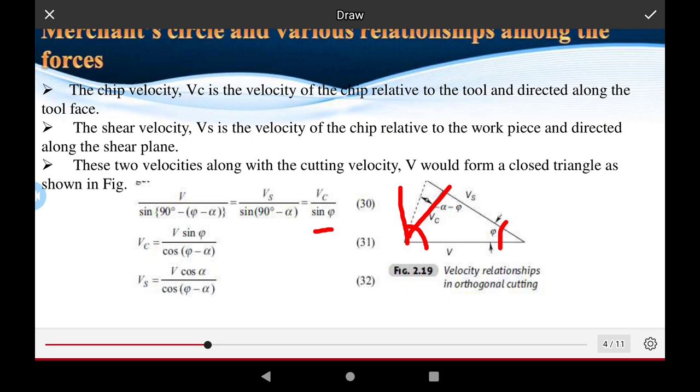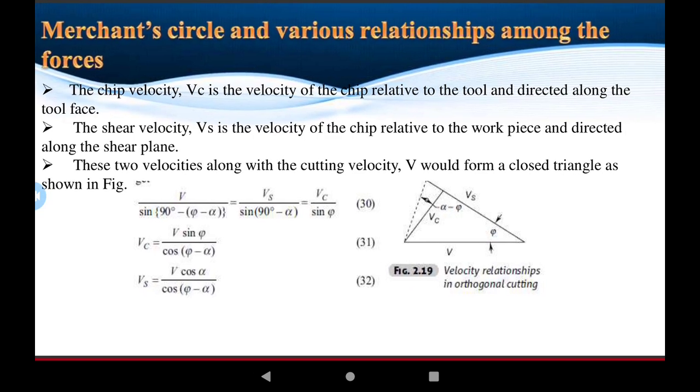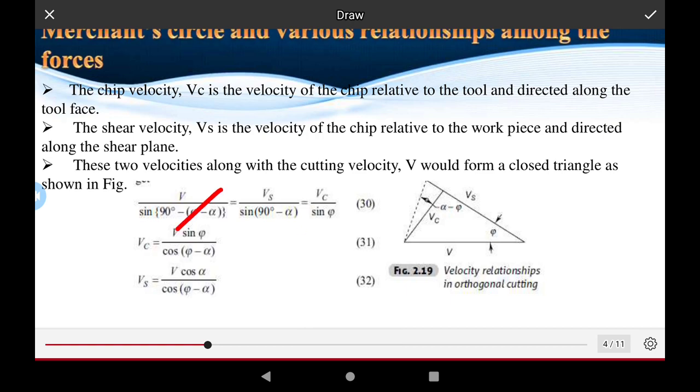Taking the two terms, Vc upon V, with this angle being phi minus alpha, and cross multiplying, we get Vc equals V sin phi upon cos of phi minus alpha.